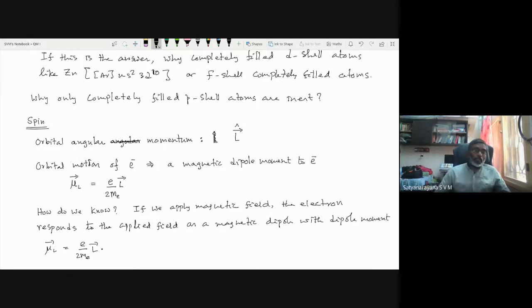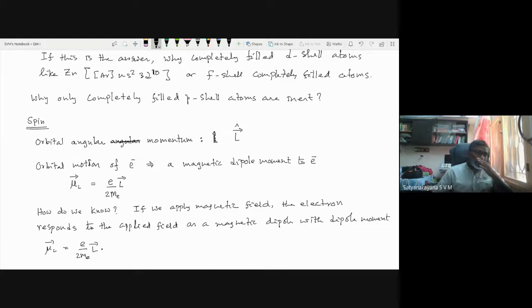And if angular momentum is quantized, or we apply the magnetic field along the z direction, then the eigenvalues of the Lz operator will matter. So you can see that the energy levels will be based on this dipole moment interaction with the magnetic field.